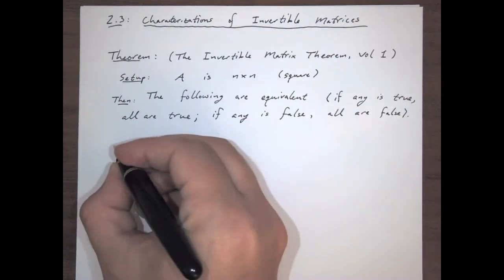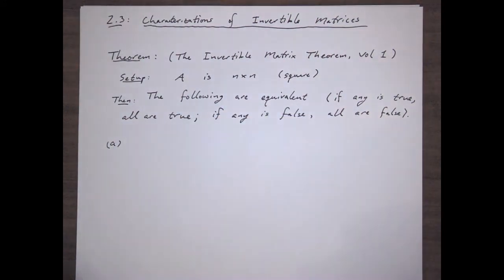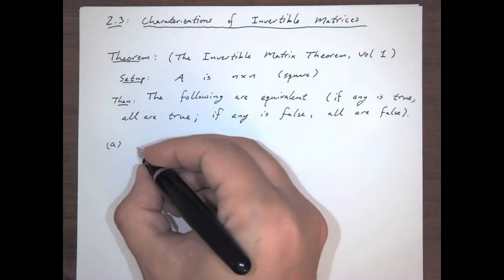Okay, here we go. So in this dose, we're going to have 10 conditions that are all going to be equivalent effectively to this one. So A is invertible.